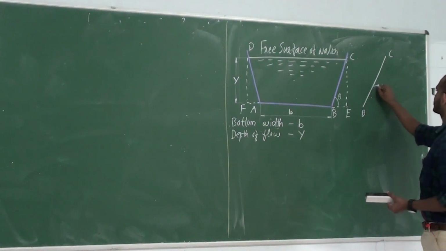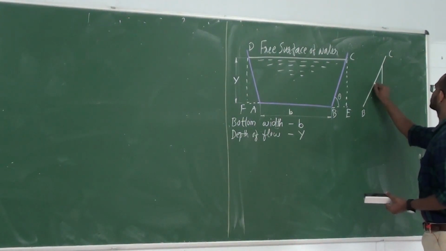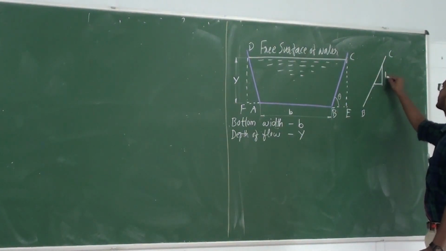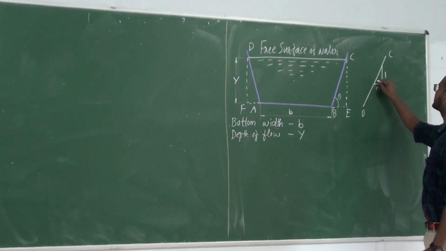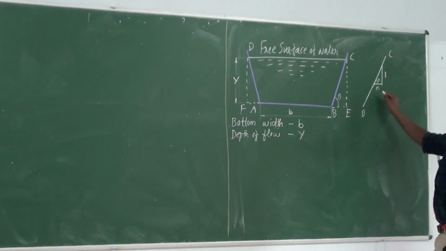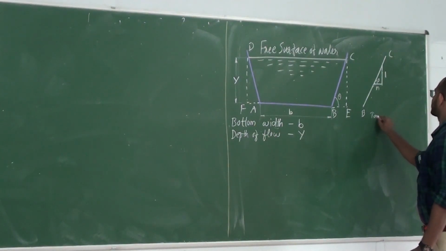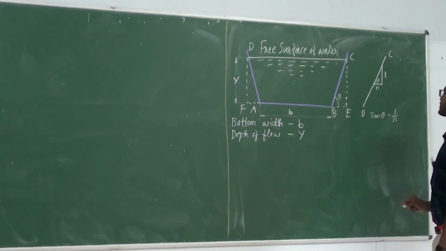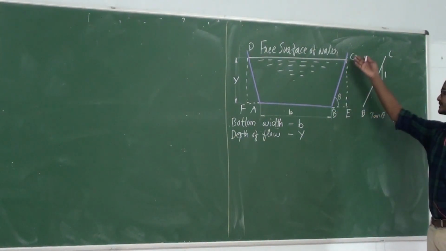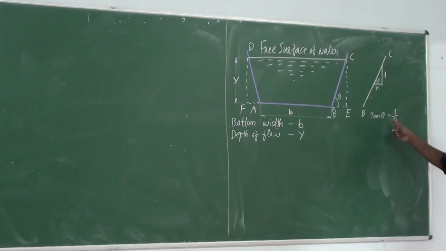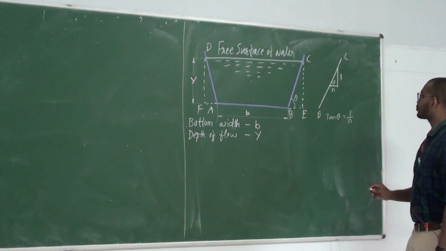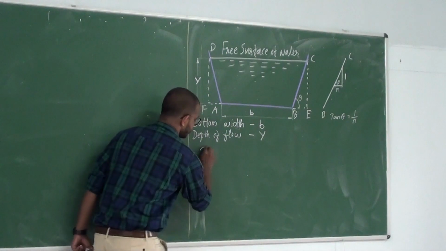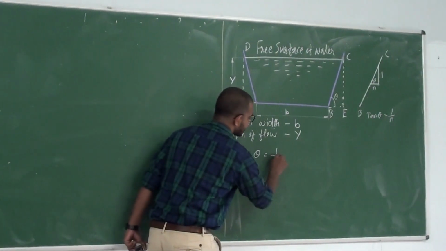Let us draw a slope here, with the vertical distance 1 and this horizontal distance n, and this angle is theta. So, tan theta is equal to 1 by n. The slope of the sloping side is equal to tan theta, that is equal to 1 by n.